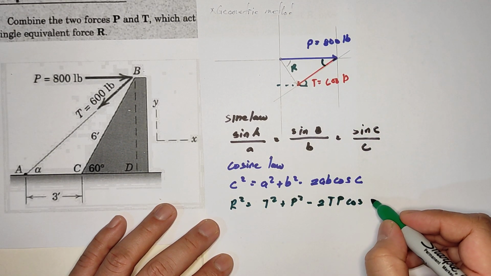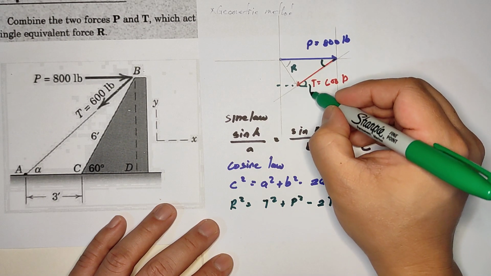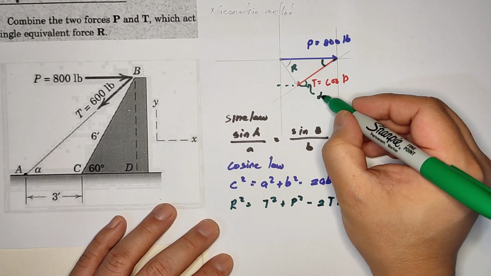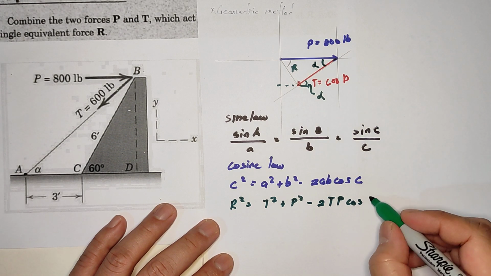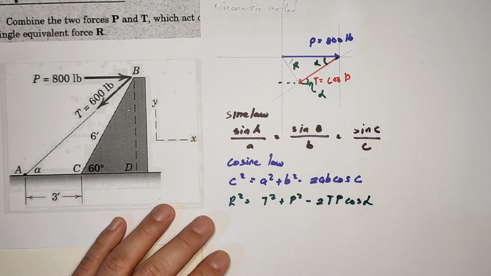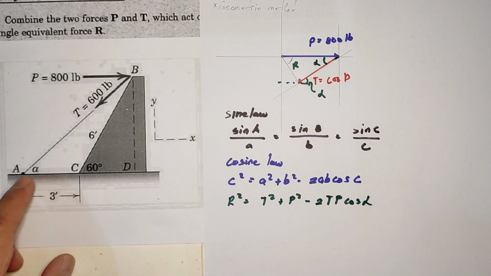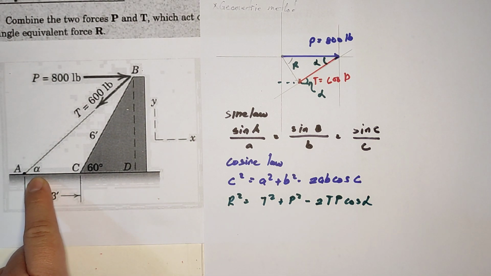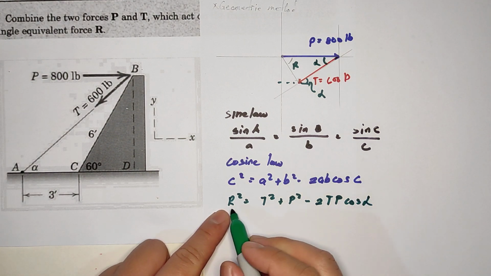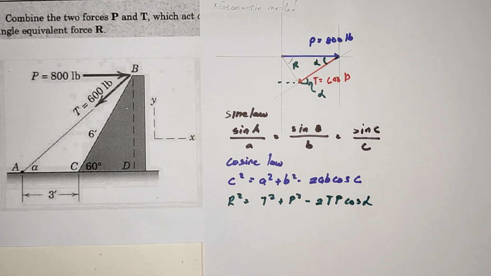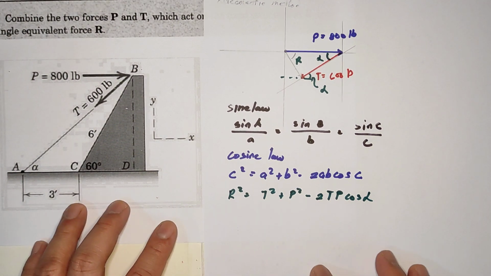Cosine R is actually, if this is alpha, this is also alpha. So that is cosine alpha. So we need to determine this alpha. Because the lengths are given, we can determine the resultant R. Let's find the alpha.